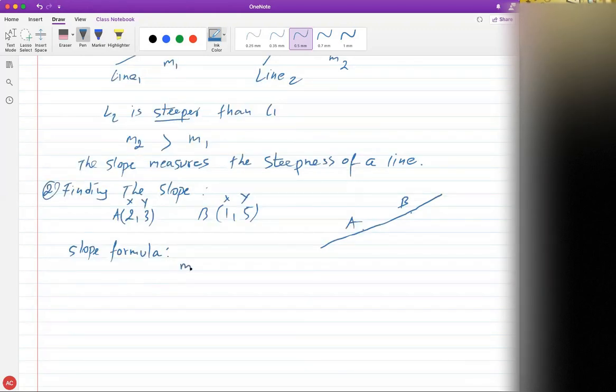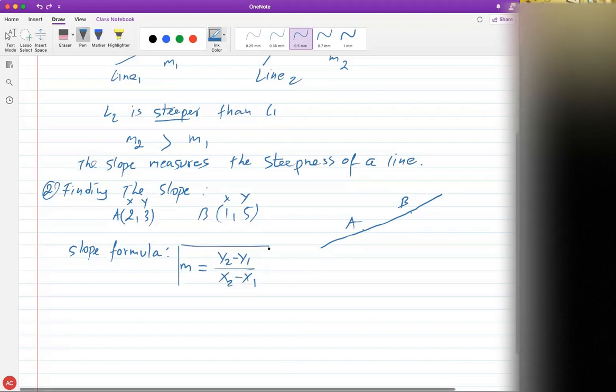It's given like this: m is y2 minus y1 over x2 minus x1. That's how you mathematically measure the steepness of something, any surface basically.